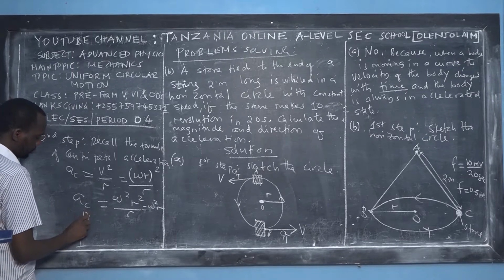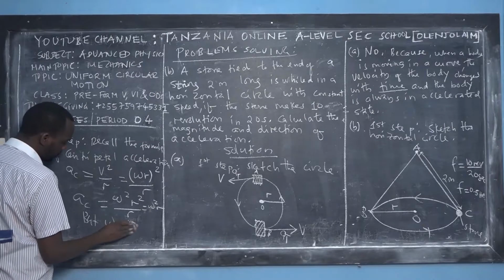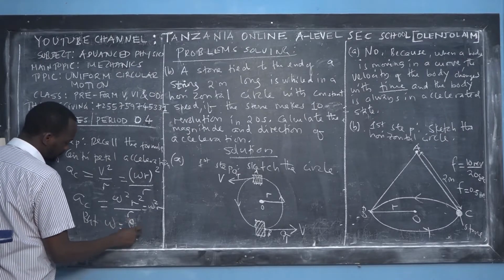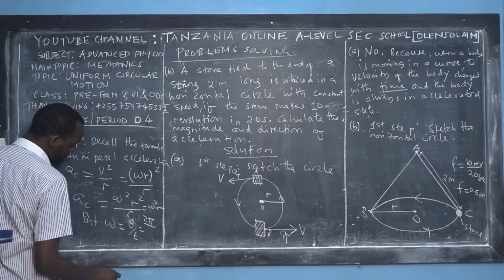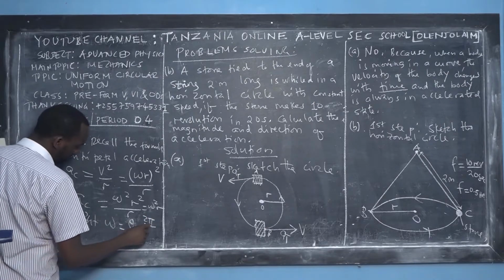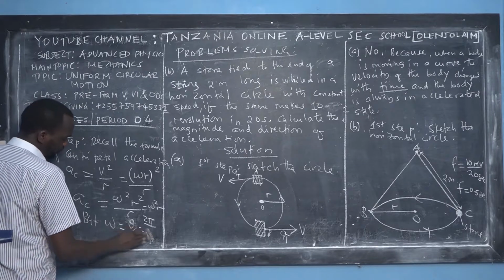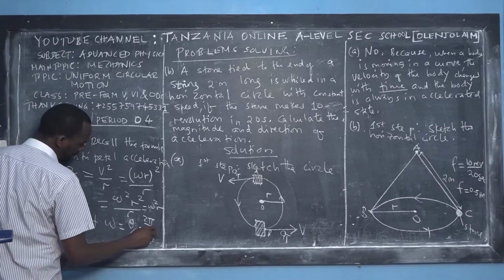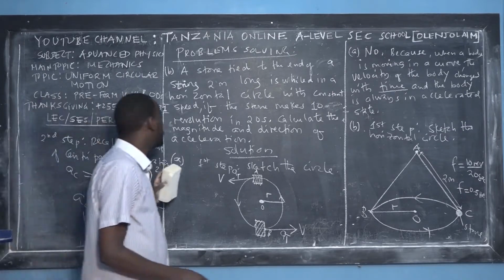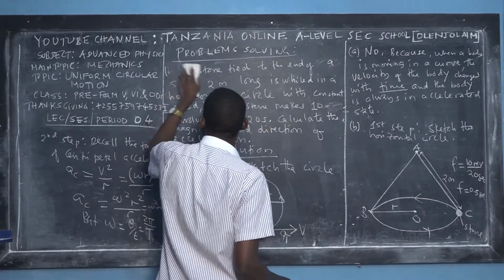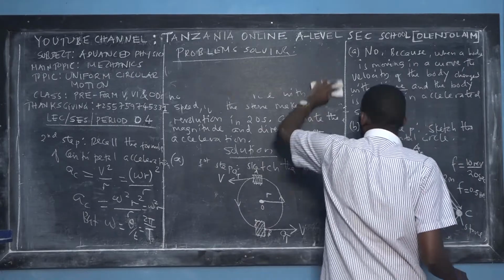But again, I told you, angular velocity is equal to 2 pi over T, or equal to theta over time. Here time is the period T. Because you have 2 pi over T, then we are going to have 1 over T, which is called the reciprocal.